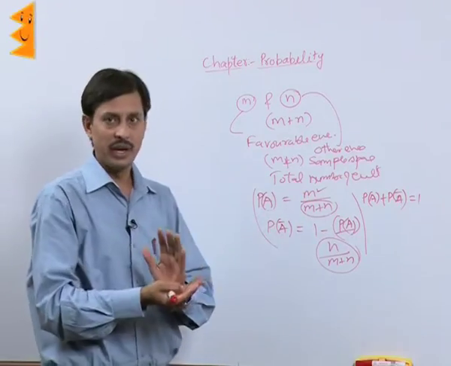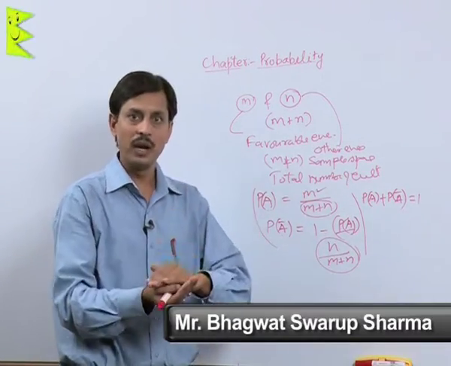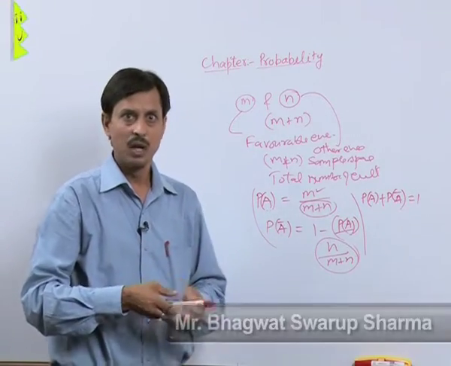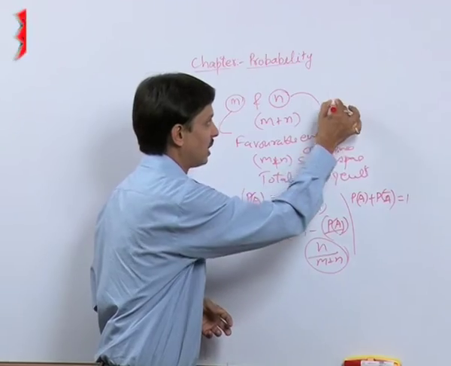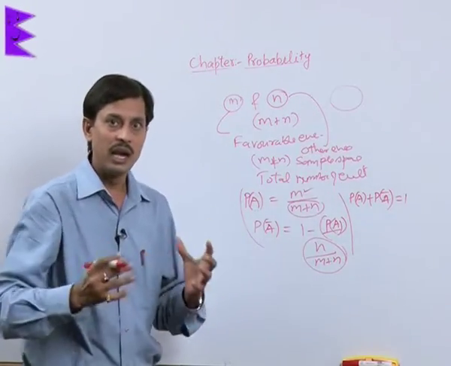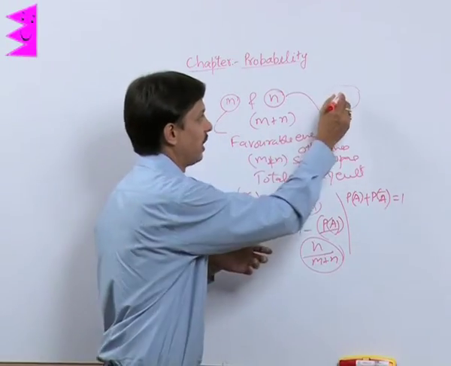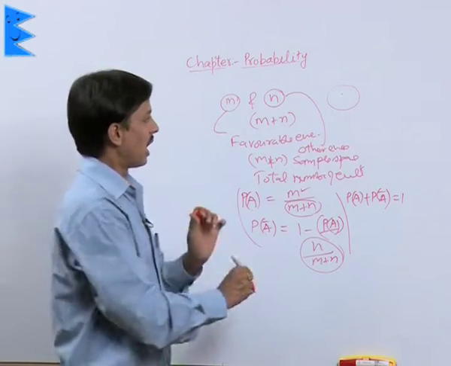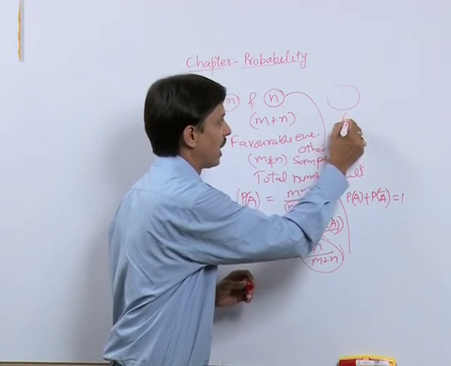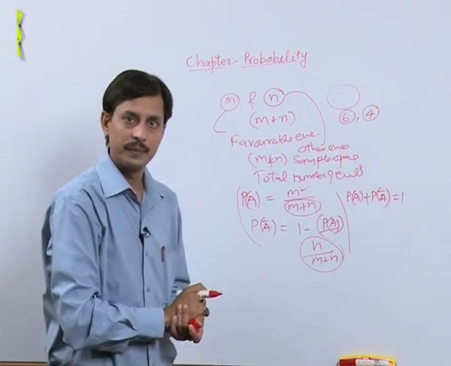Now one important thing we would also like to discuss is what are odds in favor and what are odds against. I am taking a very simple example. If there is a target and I have a total of 10 times to hit this target, suppose out of these 10 I find that 6 times I hit and 4 times I was a failure.